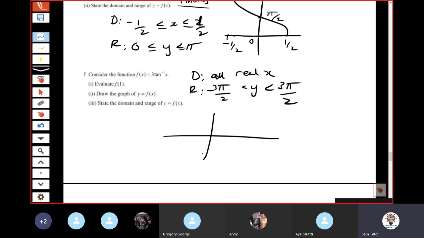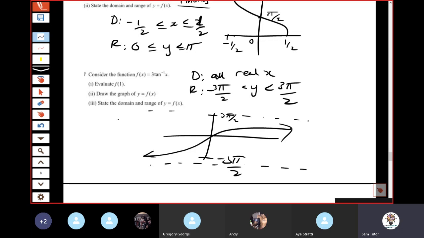And then, of course, f of 1, 3 inverse tan 1 should give us 135 degrees. In other words, 3 pi on 4. Okay, all that's good.